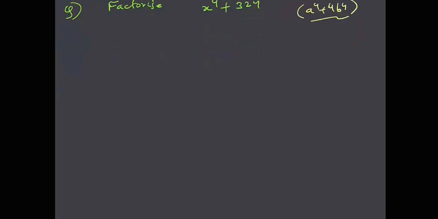That is the Sophie Germain identity which we have discussed. So if this is coming to my mind, then I can easily see that this is of the form x power 4 plus 4 into, this is 81. So I can write it as x power 4 plus 4 into 9 square.